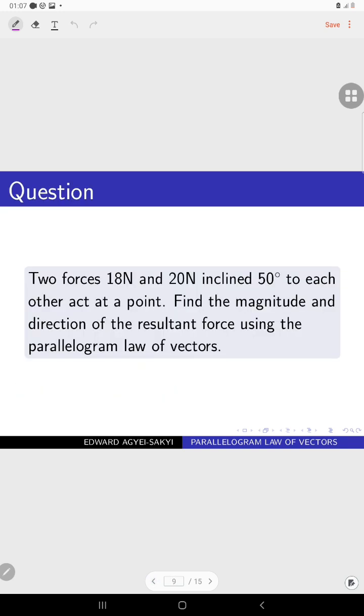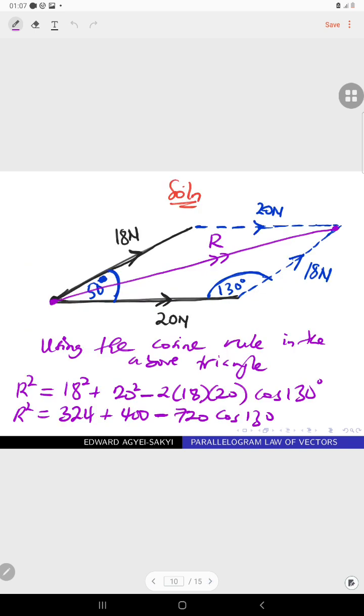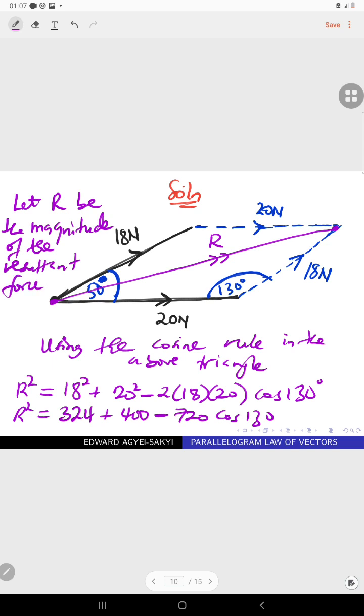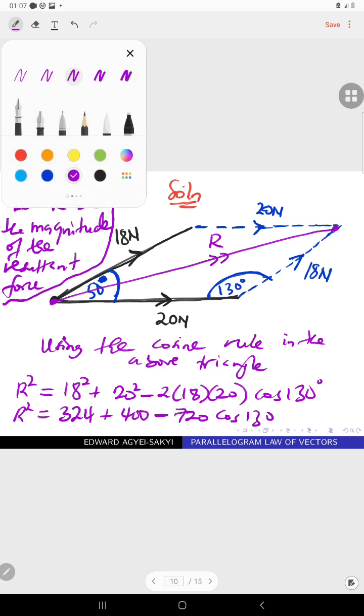So the question demanded two things. It wanted us to find the magnitude, and the magnitude is what we found. Of course, you have to state that let R be the resultant. Now, how do we get the direction?